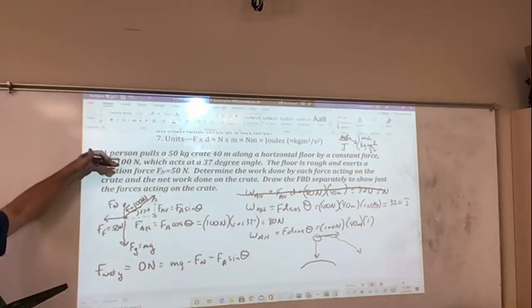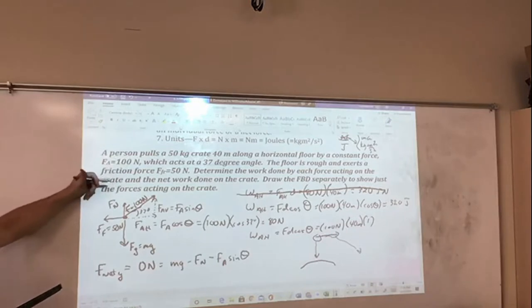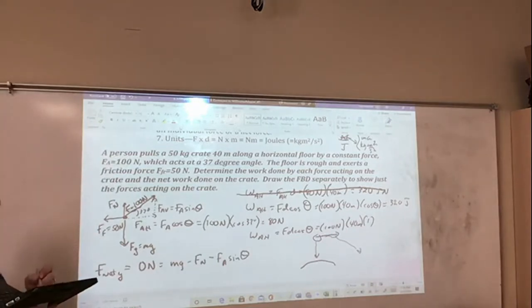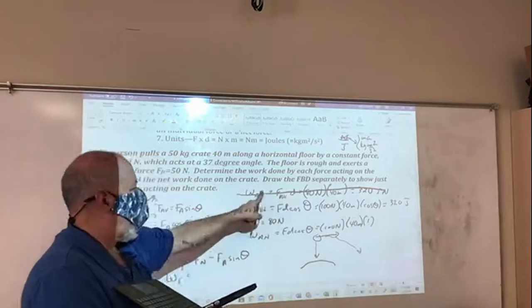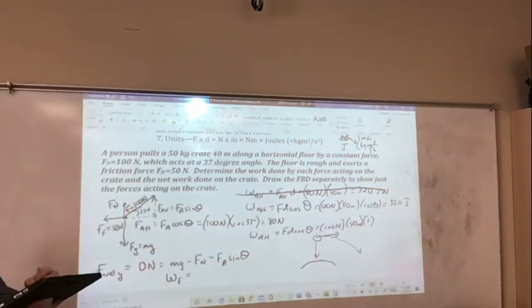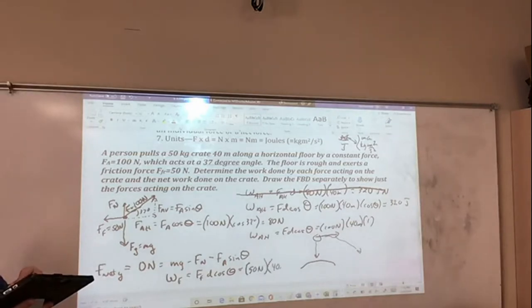Now we didn't quite finish this problem. We wanted to determine the work done by each force acting on the crate. So we need to consider the force of friction. The work done by friction equals, and we're going to follow this procedure here instead of that one, the force of friction times the distance times the cosine of theta, equals 50 newtons times 40 meters.